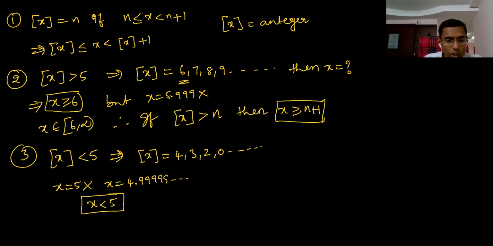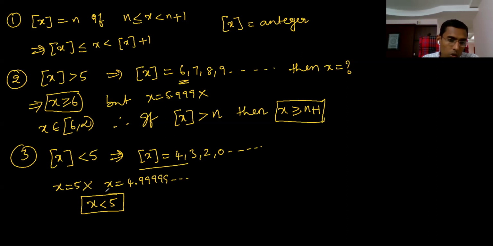If x is less than 5, 4.999 gives bracket x equal to 4, okay. 3.999 gives 3, no problem. So bracket x less than 5 just means x less than 5. Any x value less than 5 will give you bracket x less than 5. You take 2.9, anything is okay.